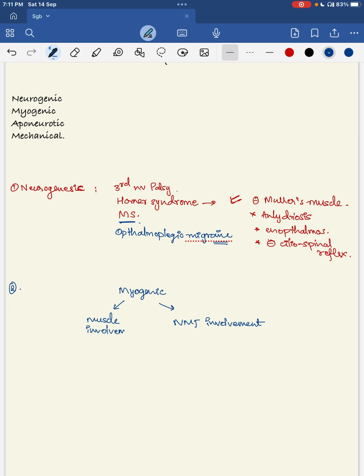Muscle involvement is usually a genetic disease, ocular myopathy or dystrophia myotonica or muscular dystrophy involving the LPS muscle. Those things are actually gene-related diseases which get expressed later in life. That also comes under acquired ptosis, even though it's a genetic disease. Genetic diseases are myotonic dystrophy, dystrophia myotonica.